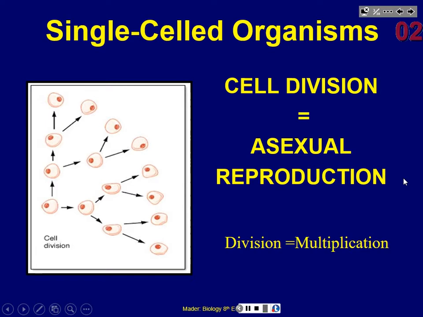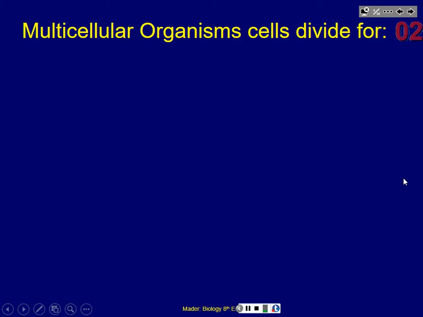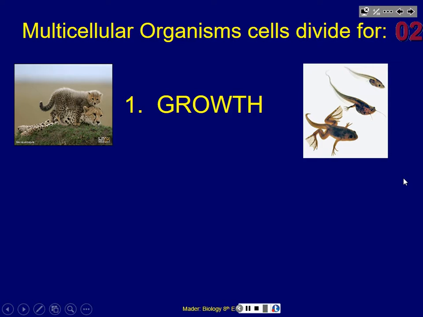Okay? So let's go to multicellular organisms, as are you. So your cells, your body cells, divide for one of two reasons. When one of your body cells divides, it's either for growth, that means that you're growing. All growth is cell division.